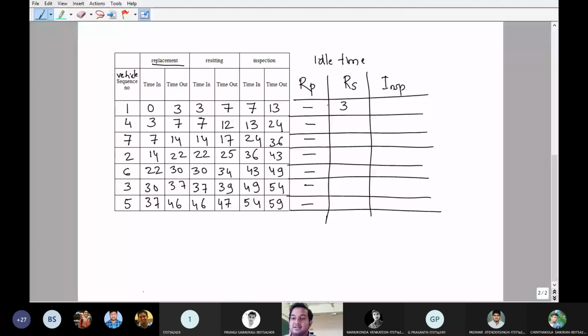Now you can observe here there is no waiting, no idle. How much is he waiting here? Anyone can tell me? 2, because he is starting from 14, but already in the 12th minute he completed. 2 hours is going to be idle.